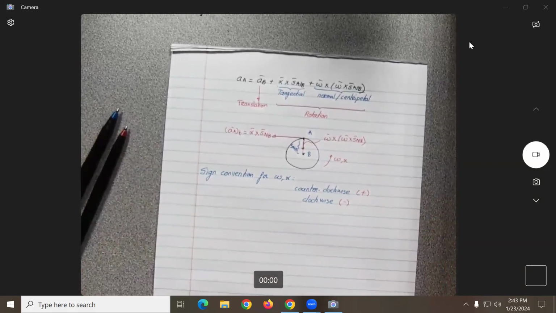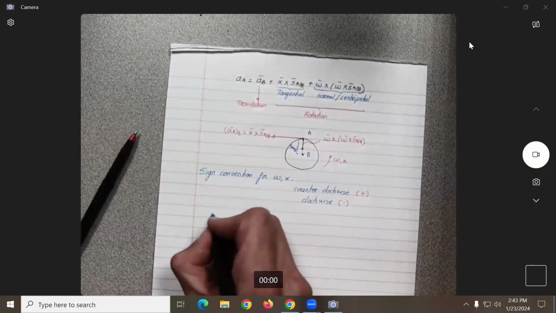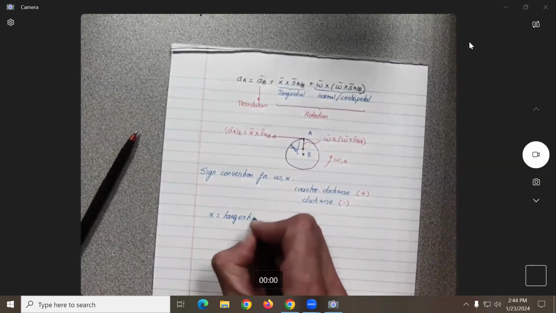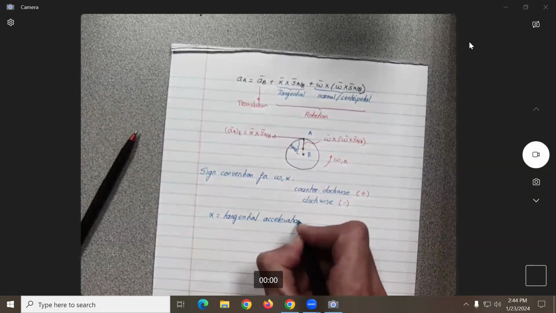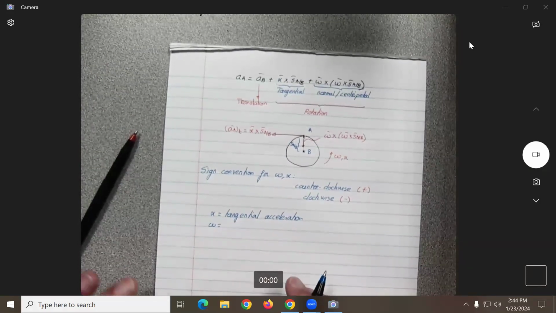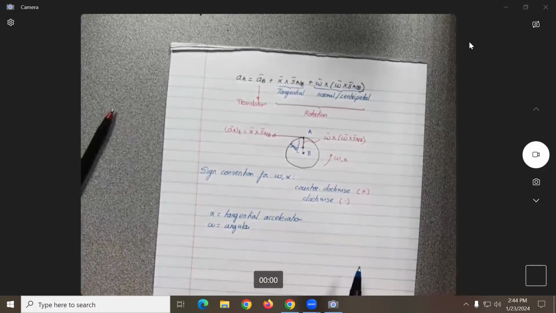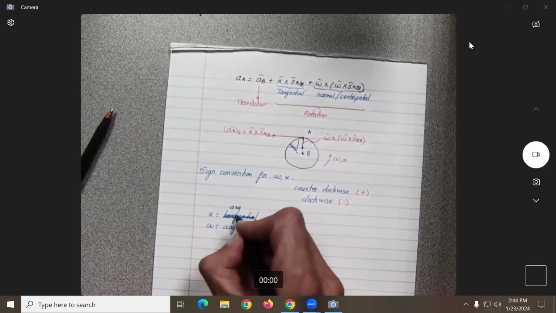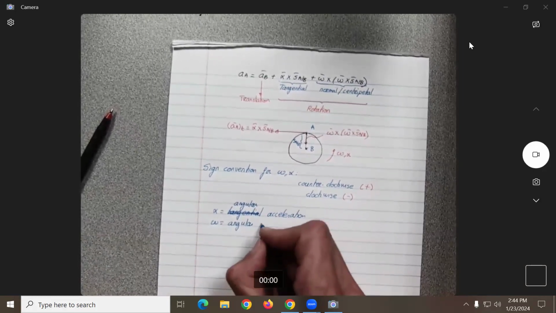And let's write it down over here. So alpha is the tangential acceleration. What is omega? Angular velocity. Sorry, this is the angular, not tangential, angular acceleration and angular velocity. I was thinking so much about the tangential, but angular acceleration, angular velocity, sorry.